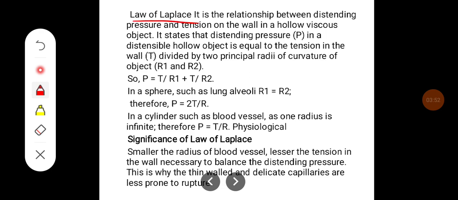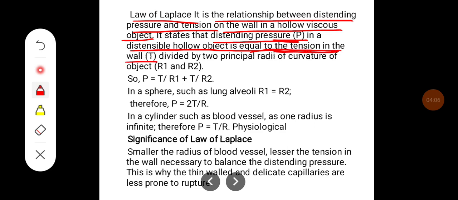Laplace law. Laplace law is the relationship between the distending pressure and the tension on the wall in a hollow viscous object. It states that distending pressure, that is, pressure in a distensible hollow object, is equal to the tension in the wall divided by the two principal radii of curvature of the object, that is R1 and R2.